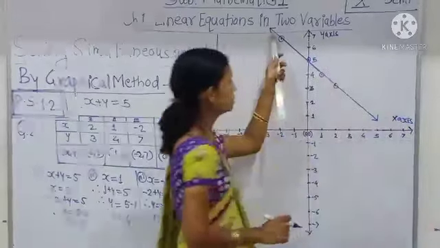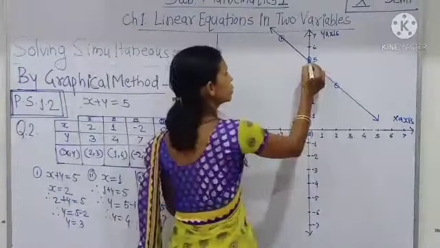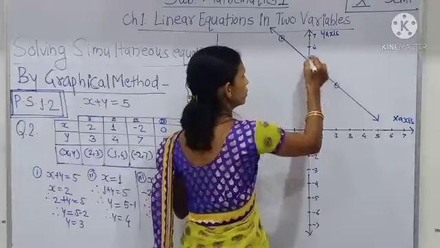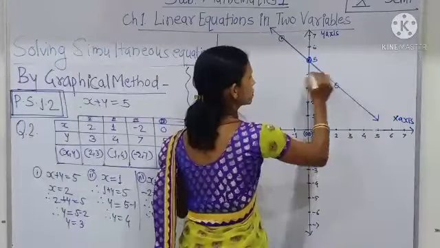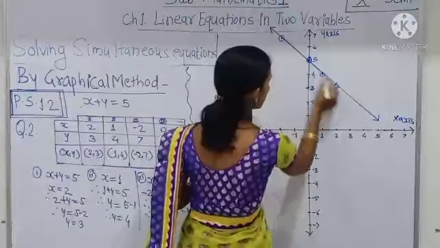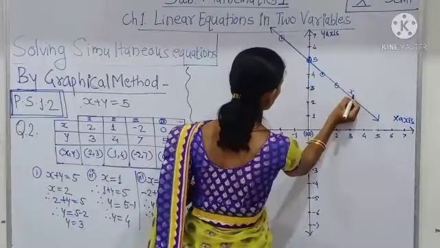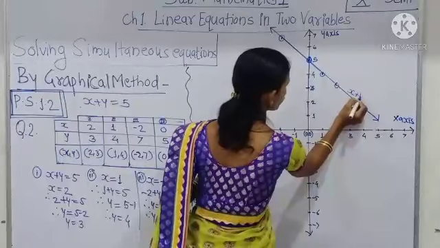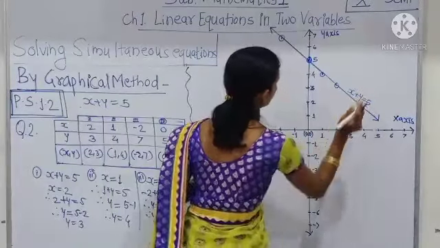That means it is a line passing through all 4 points, and therefore it is the graph of the linear equation x plus y is equal to 5.